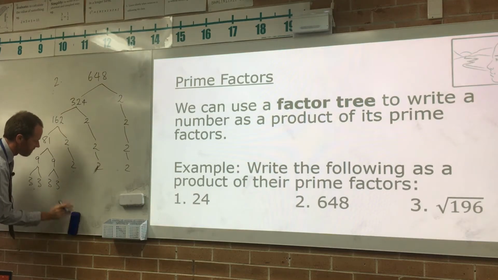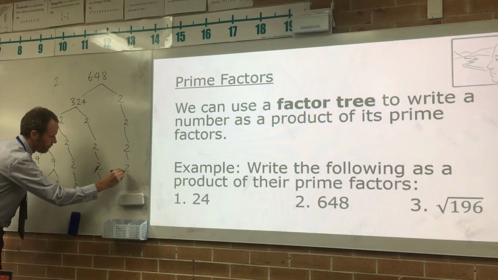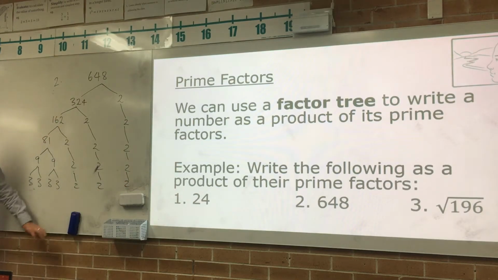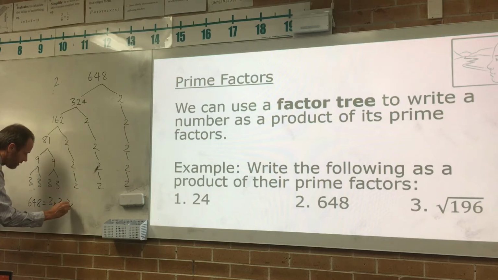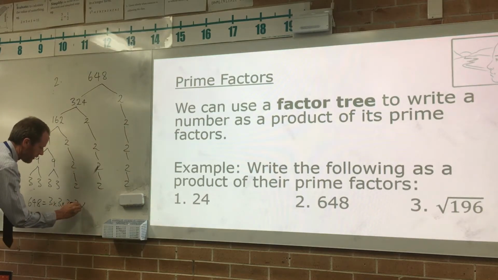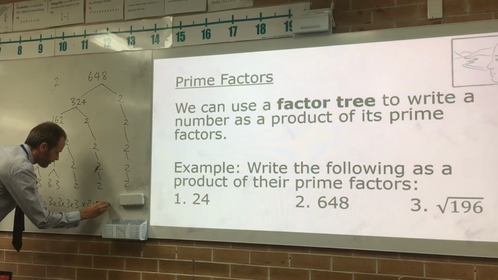Let me get that right. 2, 2, and 2. So therefore, we can write it, and remember you've got to answer the question. Don't just draw the factor tree. Actually write the answer. 648 is equal to 3 times 3 times 3 times 3 times 2 times 2 times 2.